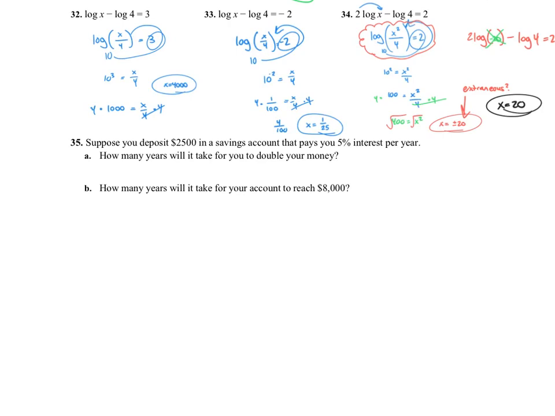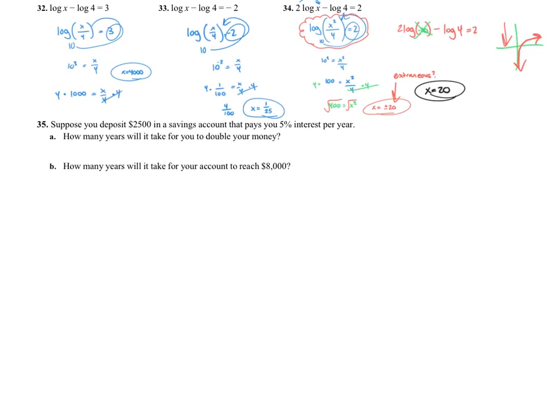Suppose you deposit $2,500 in a savings account that pays you 5% interest per year. It wants us to figure out how many years will it take your money to double? How many years will it take for your account to reach 8,000? So what we'll want on this is to use this equation. So our initial amount is $2,500.